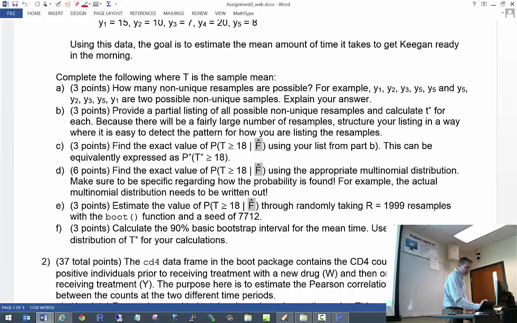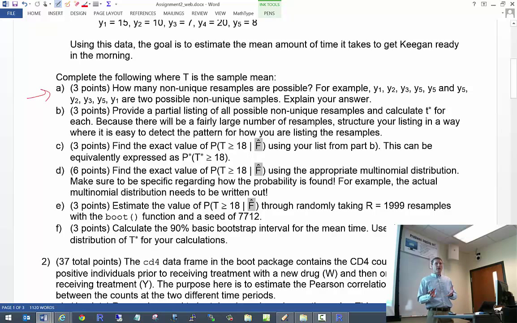Just to put a little bit of context with the data, I purposely chose a very small data set because it's going to be a lot easier to work with. You are going to find the exact distribution of T star without doing Monte Carlo simulation to take your resamples.